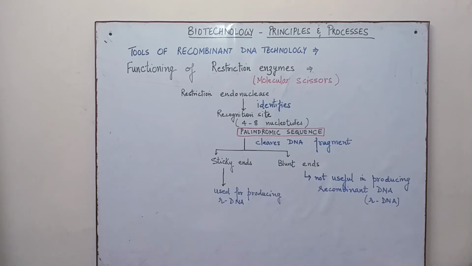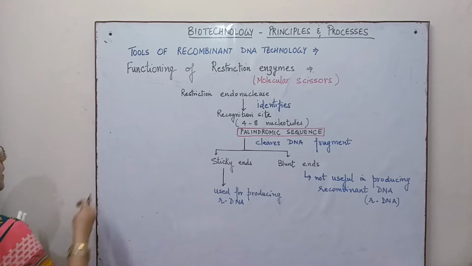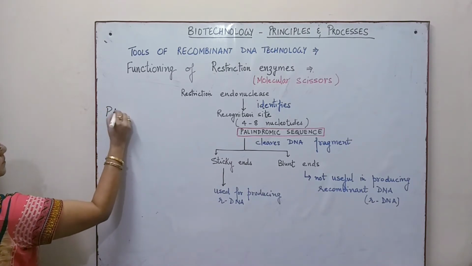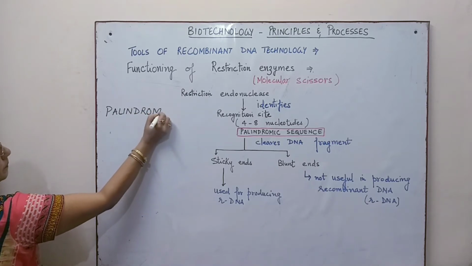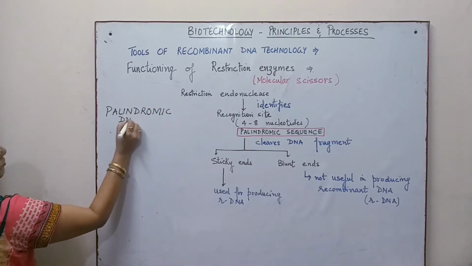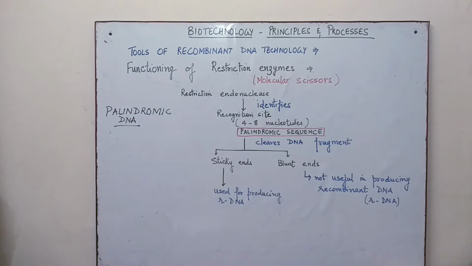What does palindromic nucleotide sequence mean? When we talk of palindromic DNA, a palindrome in DNA is a sequence of base pairs that reads the same on the two strands.